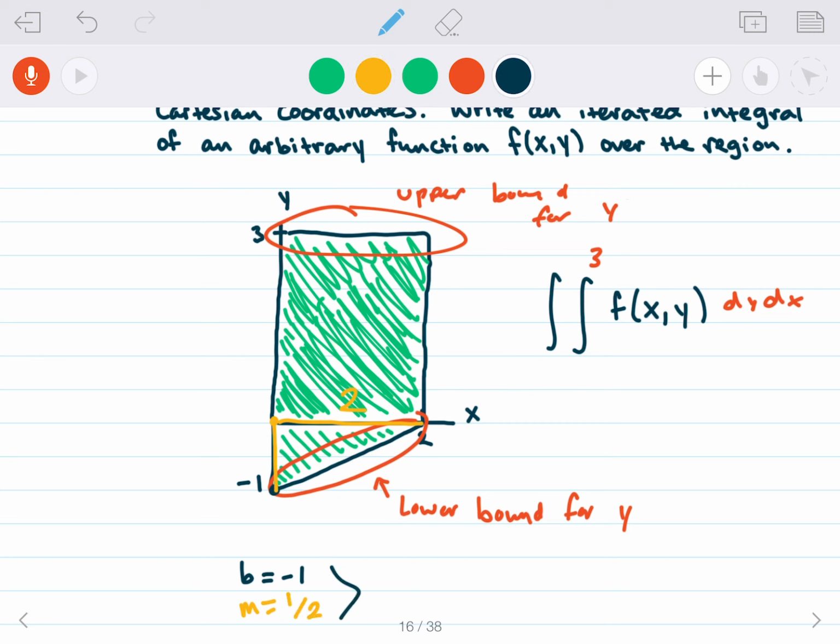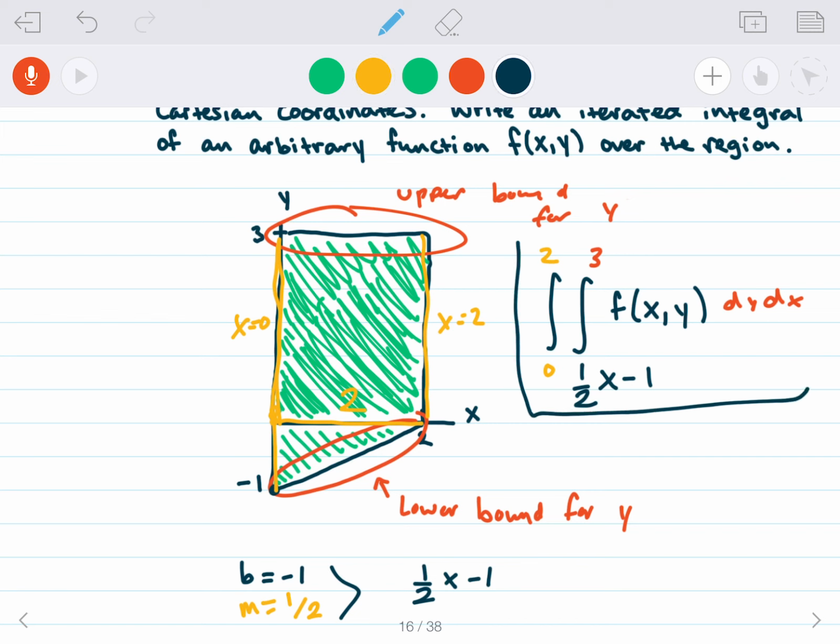And so with these two things, the line that describes this little segment right here is going to be 1/2 x minus 1. So that's my lower bound for y. It's a function of x. Okay, what about x's? Well, we can just use the left and the right bounds for x. So we're starting at x equals 0. And our right bound for x is 2. So we're going from 0 to 2. So this would be our answer here.